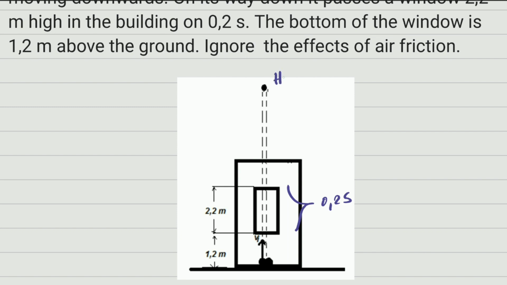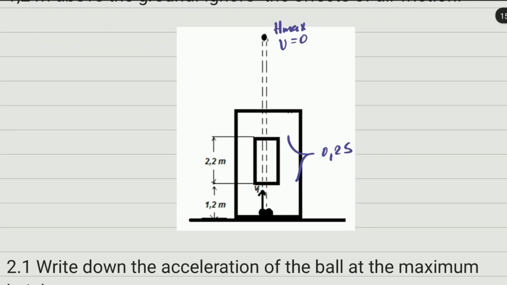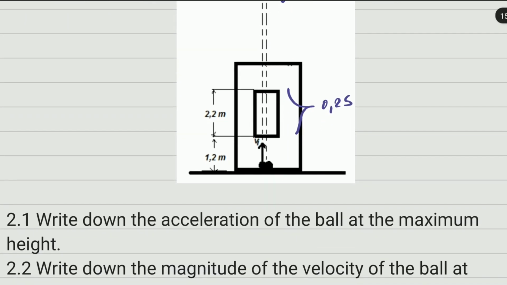This is the maximum height. We don't know the maximum height, but we know that the velocity at that point is equal to 0. Okay, so let's see what else. Write down the acceleration of the ball at the maximum height.